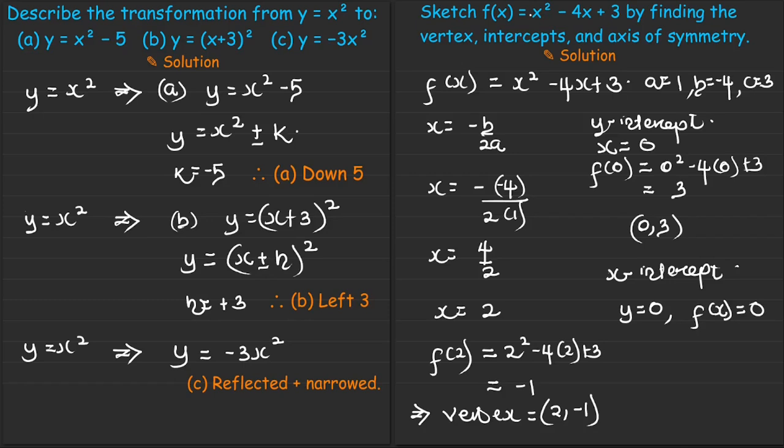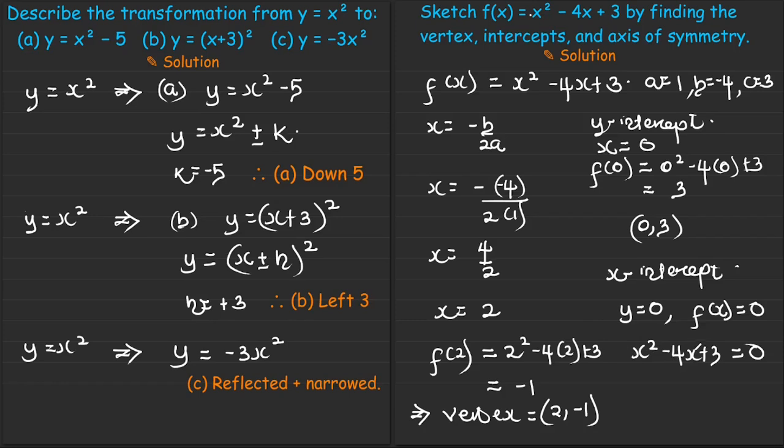Now this takes us to a domain where we are going to use any of the methods to solve this equation. What is the equation? f of x, which is what we have over here. So we have x squared minus 4x plus 3 is equal to 0. That is solving quadratic equations. You can check the playlist where I have treated it and then you can revise on that.